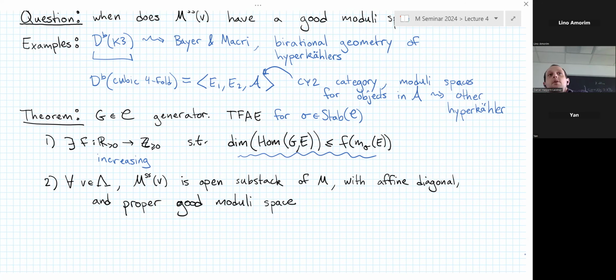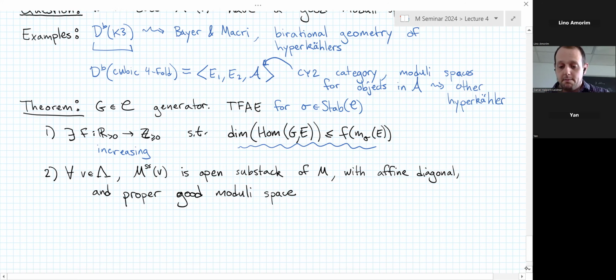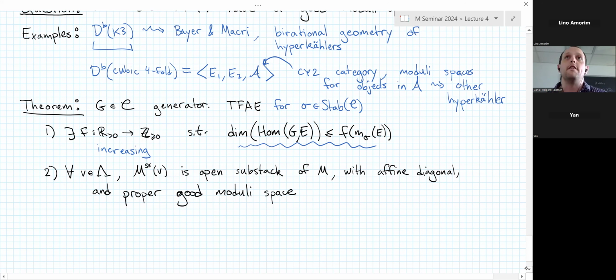People have been using stability conditions to study moduli spaces, and it's usually a pretty hard thing to check that your stability condition actually gives you moduli spaces. You know, basically only when it's comparable to Gieseker stability, and then you make some wall crossing arguments, et cetera. But this is a very different way of proving the existence of moduli spaces.